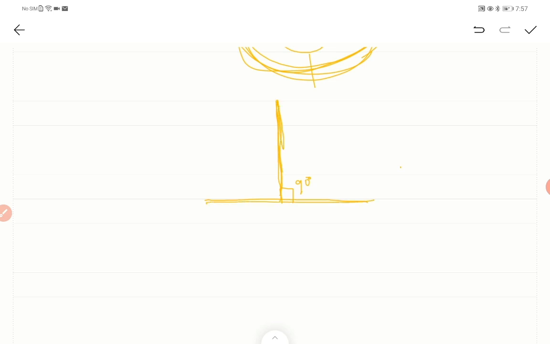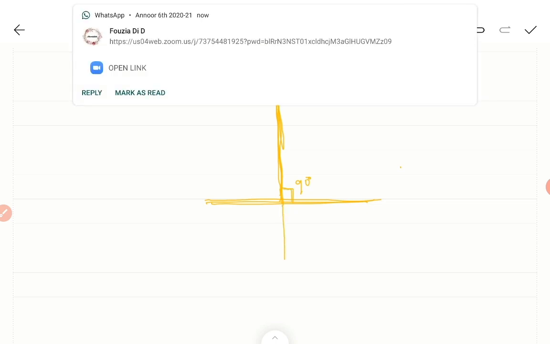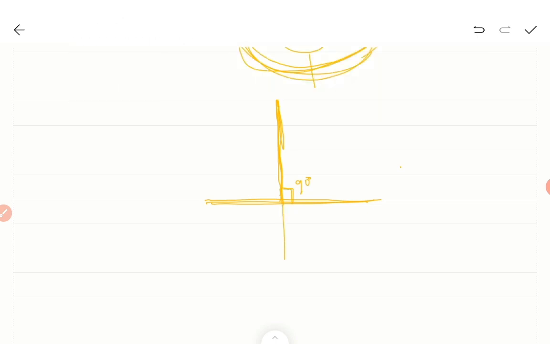This line that passes and cuts the other line exactly at 90 degrees, so you call this a perpendicular line. Okay. Remember, if I already have a line like this or a line segment like this, and some line comes and cuts it exactly at 90 degrees, you call this a perpendicular line.